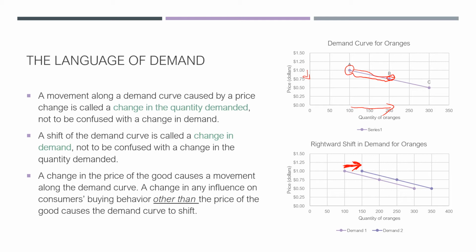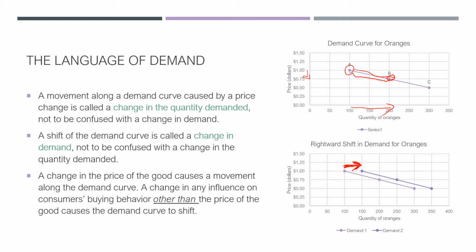The sale on running shoes causes a movement along the demand curve, but this is an increase in the quantity demanded, not an increase in demand. If the announcement of a new race led to an increase in the quantity of running shoes consumers were willing to buy at any given price, that would constitute an increase in demand.